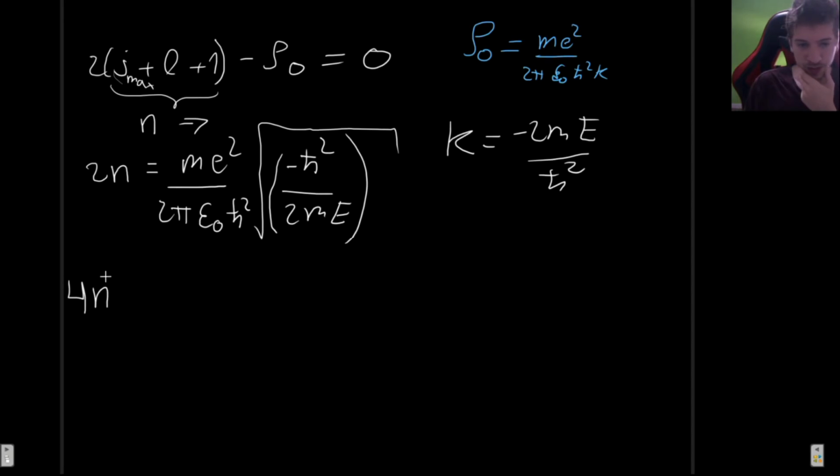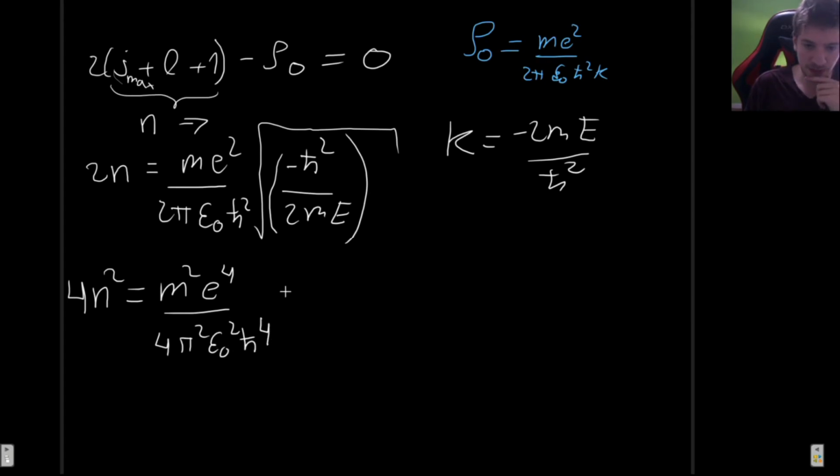Now it's going to be 4n squared. This is equal to m squared e to the 4th power over 4 pi squared epsilon 0 squared h bar to the 4th power times minus h bar squared over 2m e.